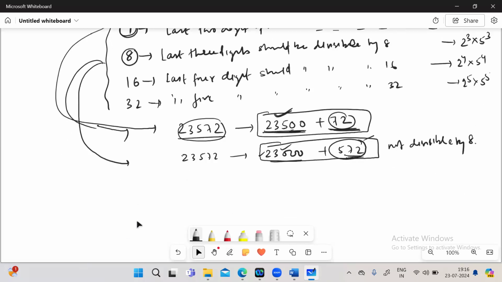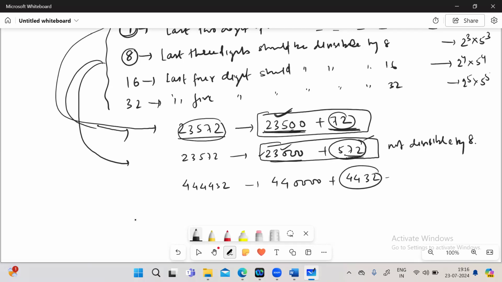Similarly, if you want to check for 16, let's say this is the number. What you have to do is change this number into two parts, and 4432, and you just have to check whether this number is divisible by 16 or not.